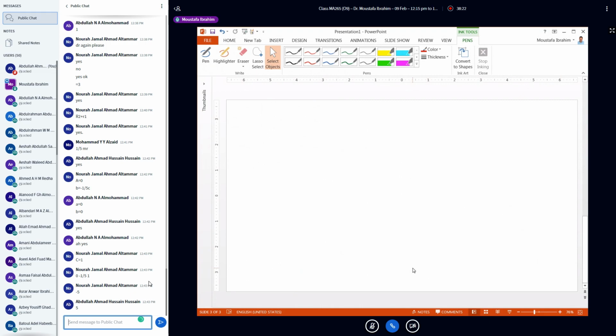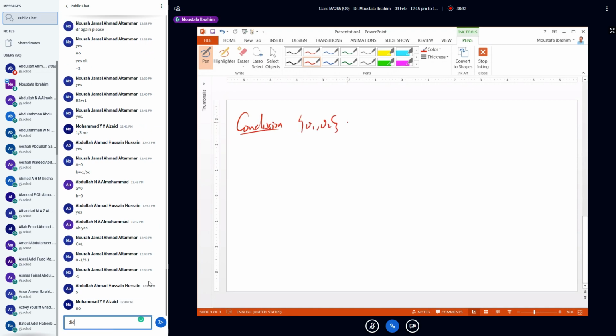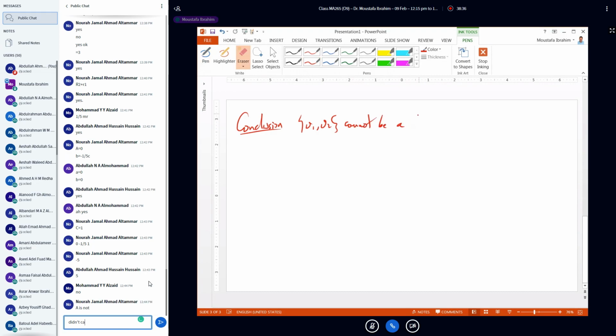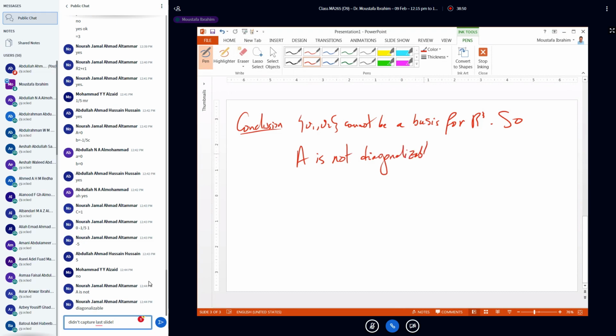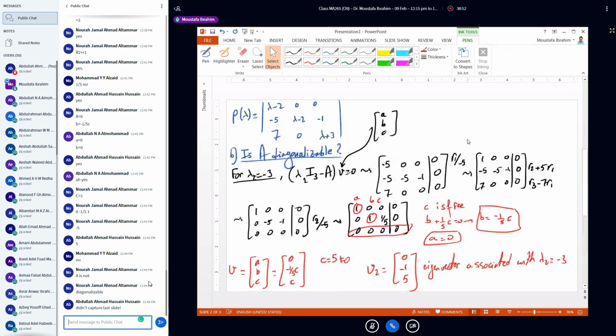So is it diagonalizable? Conclusion: V1, V2 cannot be a basis for R3. So A is not diagonalizable. If you want, you can take a screenshot of how to find V2.